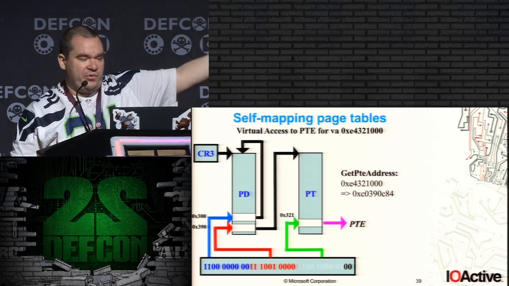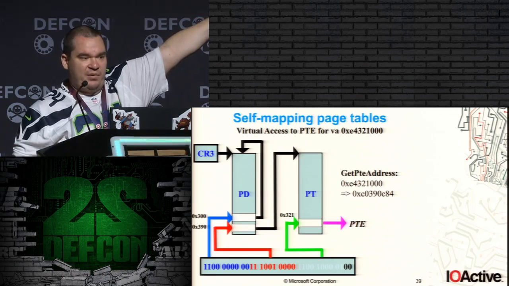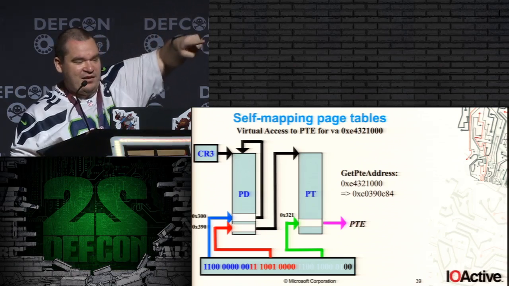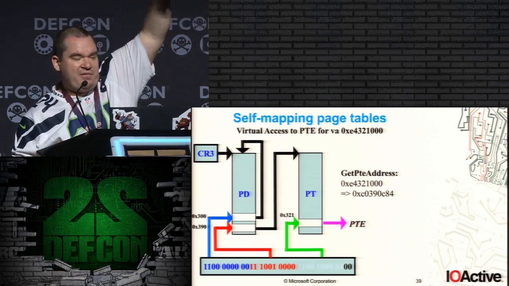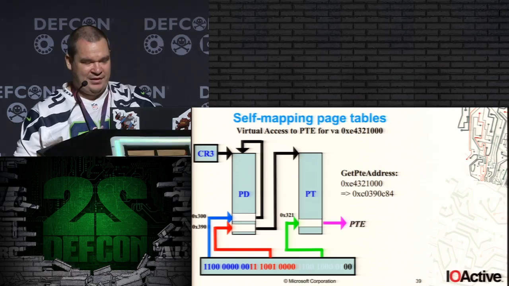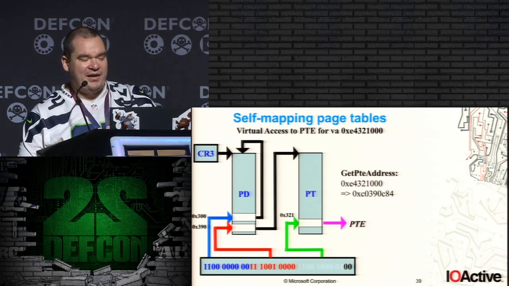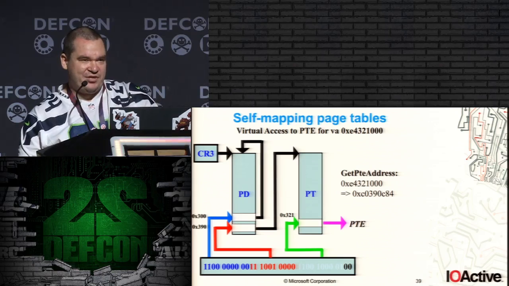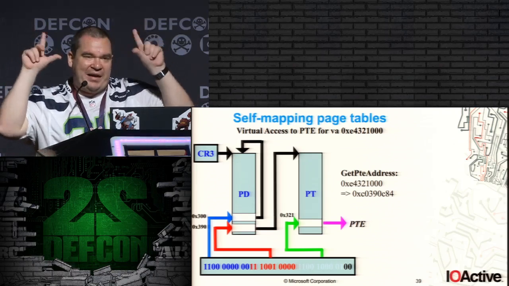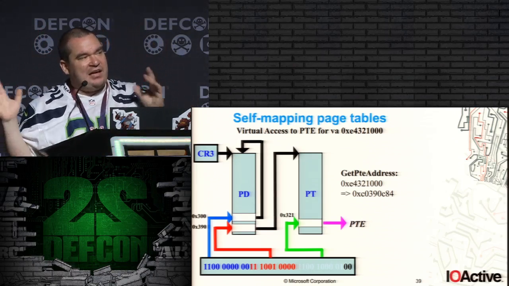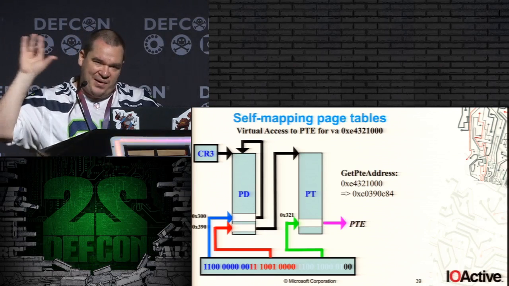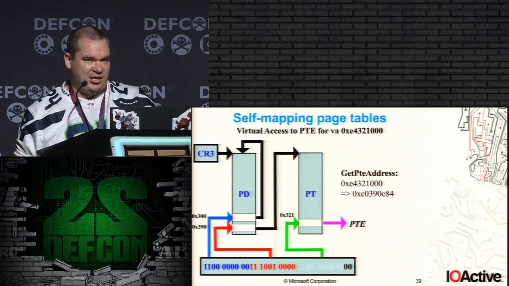So at the root level, there's the CR3 pointer, and then we've got these other pointers, and you see this one pointing back to itself. That's really handy. It's pointing back to itself in a way that we can leverage to identify any point in time where we can find a page table. And because each process has a page table, inherently we're going to find every process by detecting every page table.